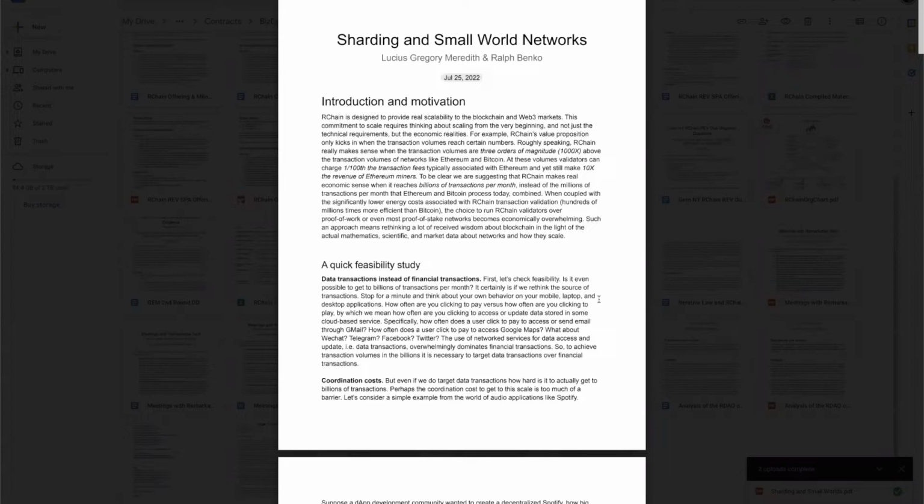Just to be absolutely clear, the combined monthly transaction volumes of Ethereum and Bitcoin are in the low millions. And so 1,000 times that is the low billions. So we need to get to billions of transactions per month.